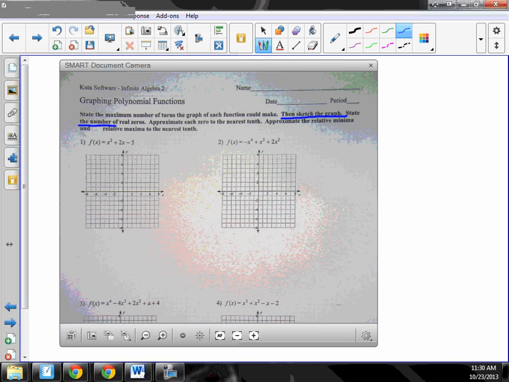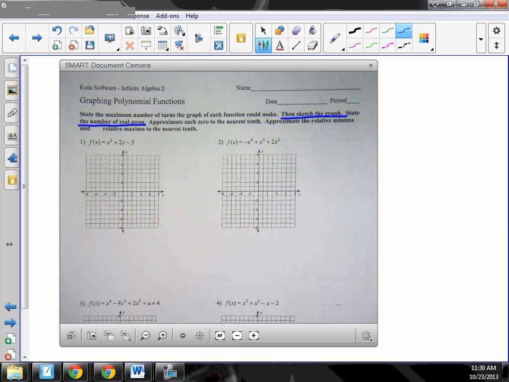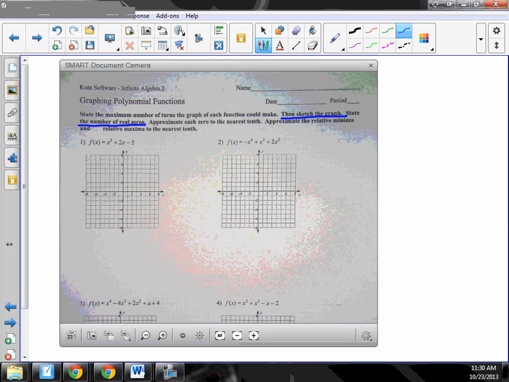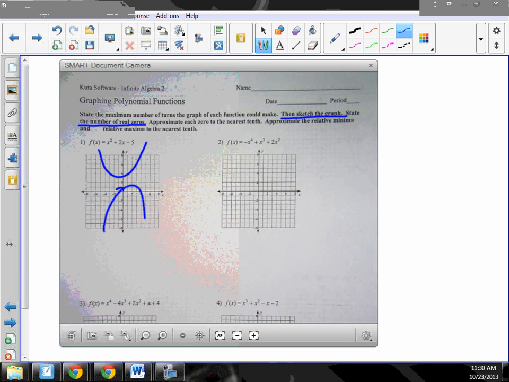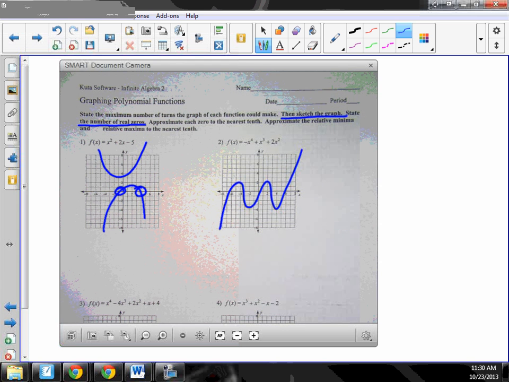State the number of real zeros. That means how many times does the graph touch the x-axis. So you might have a graph that never touches, so that would be 0 zeros. You could have a graph that touches twice, so that would have 2 zeros. You could have a graph that touches 5 times, so 1, 2, 3, 4, 5.